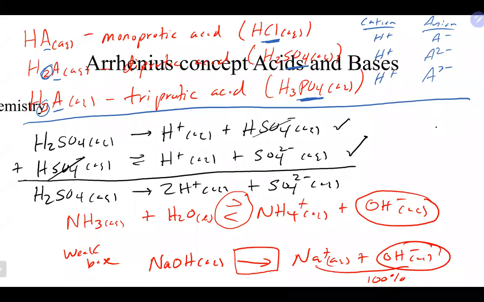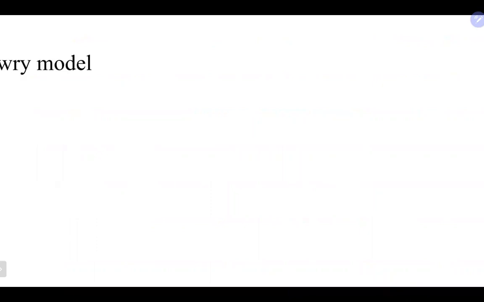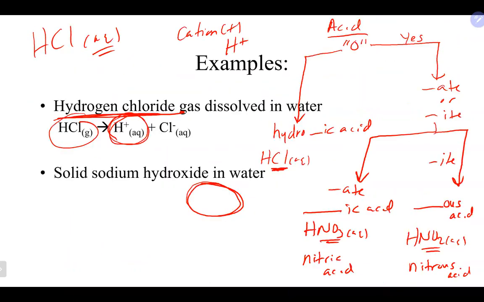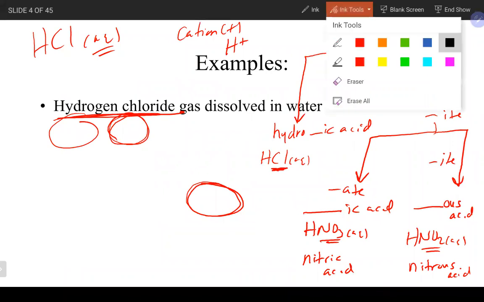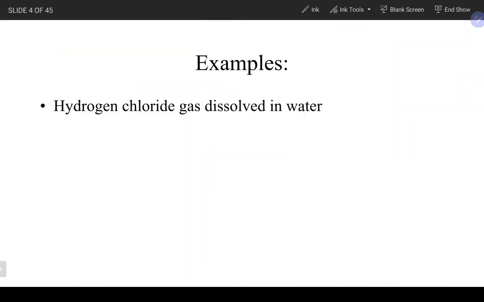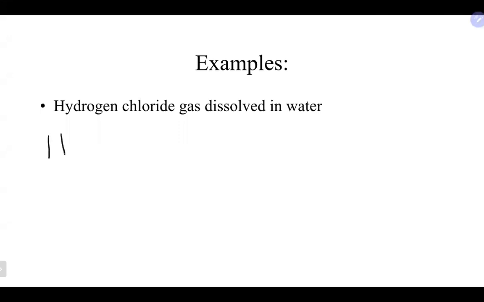Now, by the way, while we're talking about that, the difference between H3O plus and H plus, and why they are interchangeable, is this. If you take an acid like hydrochloric acid, you can show the dissociation or the ionization of it when it goes into water, how it breaks apart by reacting with water in this reaction.